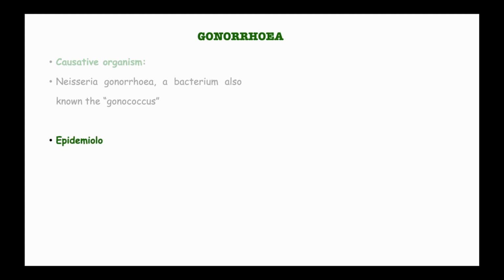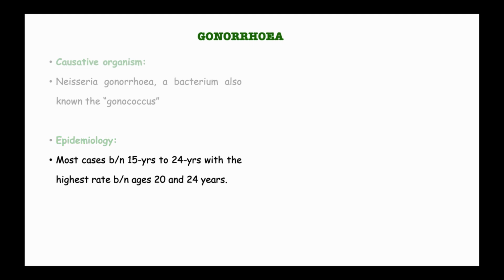Now, with the epidemiology of gonorrhea, we find that most cases occur between the ages of 15 to 24 years, with the highest rate between the ages of 20 and 24 years.